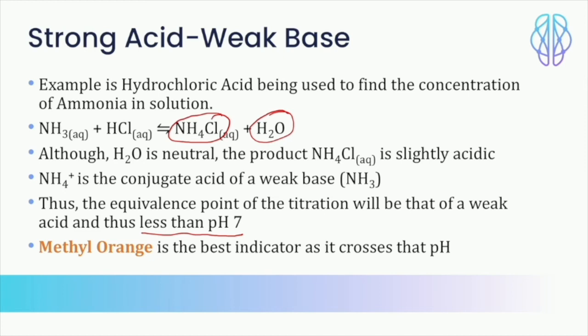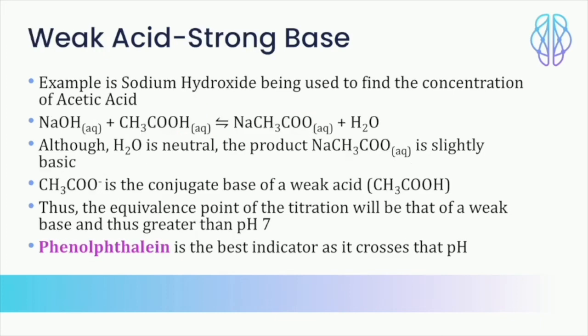Thus, we need methyl orange, which is the best indicator for this titration, as it crosses that lower than 7 pH, because, as I said, ammonium chloride, this thing here, will give you a slightly acidic endpoint.